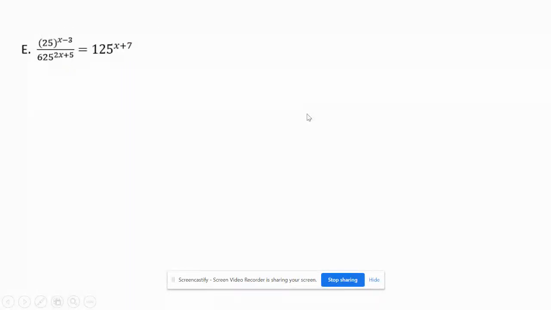Similar idea for this question. 25, 625, and 125 are all base 5 numbers. So step 1 is going to be put everything in terms of base 5.